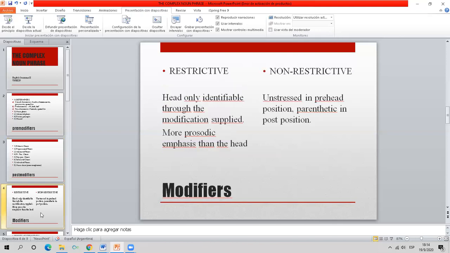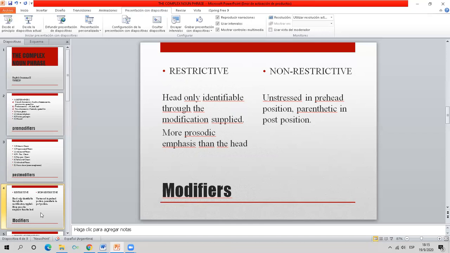Now, when we talk about modifiers, we should think about the notion of restrictiveness. We have already talked about restrictive and non-restrictive in relation to the relative clauses, okay? But this, in fact, applies to other post-modifiers, okay? We could use the notion of restrictive and non-restrictive in relation to a prepositional phrase post-modifier, for example.